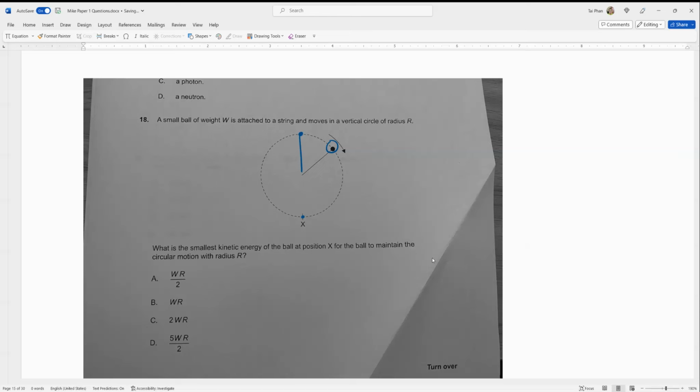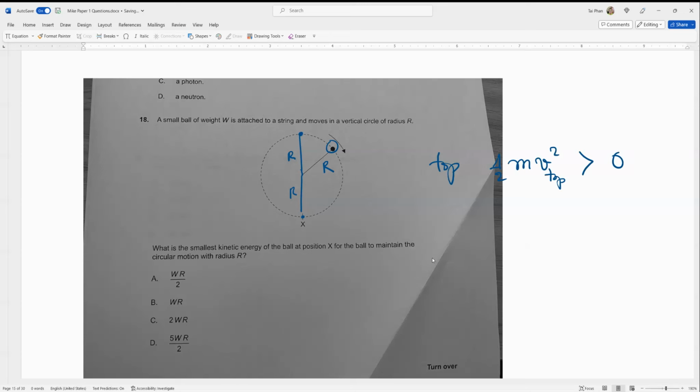Kinetic energy at the bottom. The radius is r, so the distance from the bottom to the top is of course 2r. What is the smallest kinetic energy at position x at the bottom? The kinetic energy at the top must be greater than zero, meaning there's still some speed at the top.